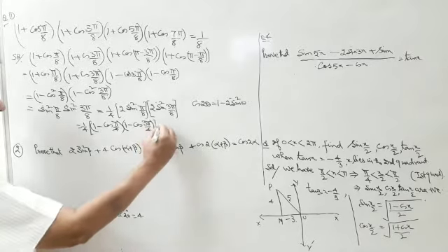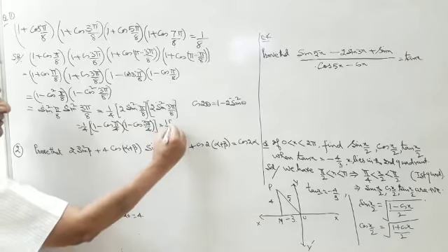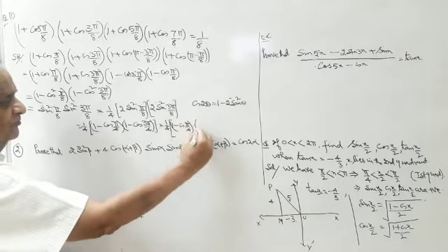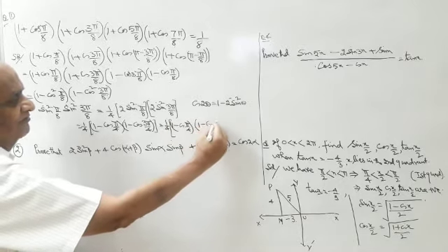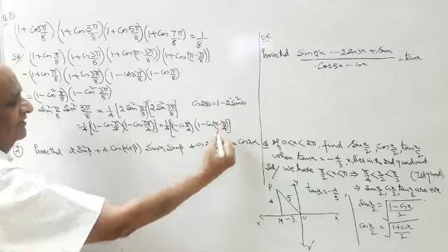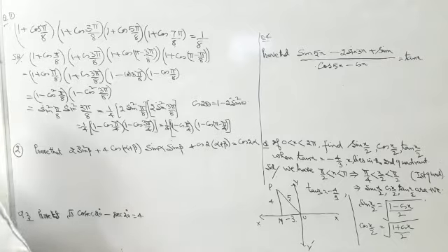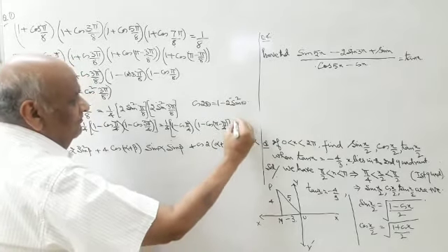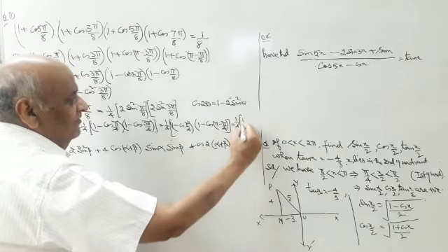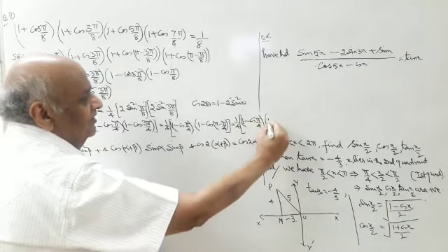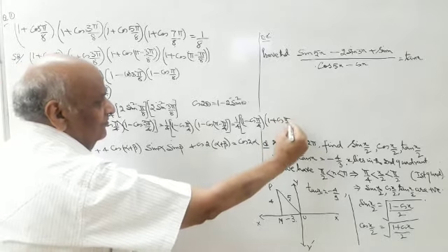This becomes equal to 1 by 4, 1 minus cos pi by 4 into 1 minus cos pi minus pi by 4. 3 pi by 4, I can evaluate like this. 1 minus cos pi by 4, 1 minus cos pi minus pi by 4. So this is equal to 1 by 4, 1 minus cos pi by 4 into 1 plus cos pi by 4.